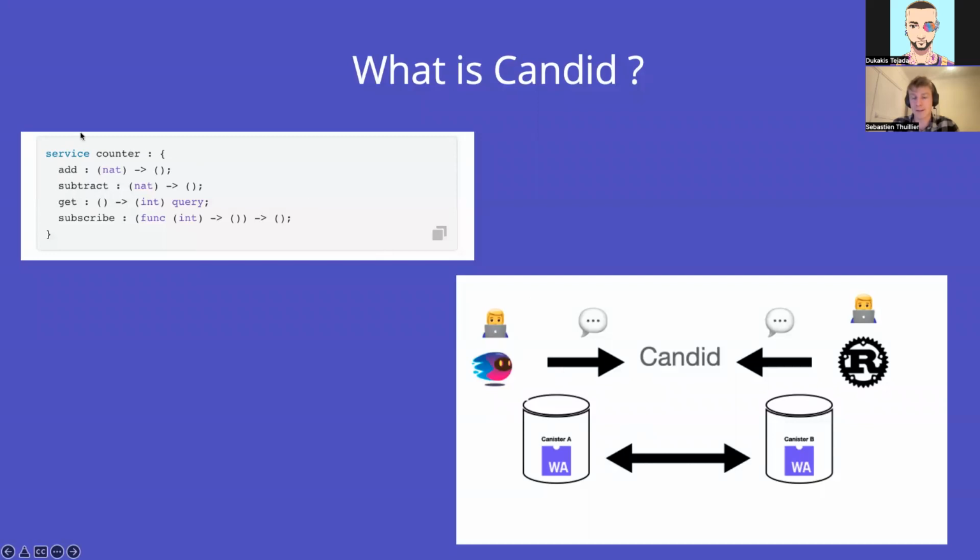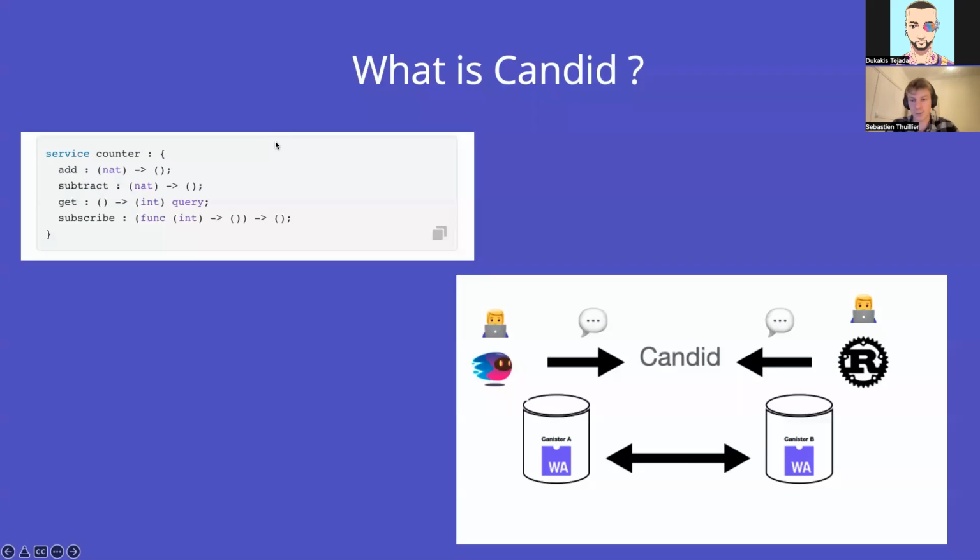On the top, you can see an example of what would be a basic canister. It's a service counter. So it's like a calculator. You can add, you can subtract, you can get the value, and you can subscribe. Every time you have an interface, you have the type of the parameters and the type of what is returned.